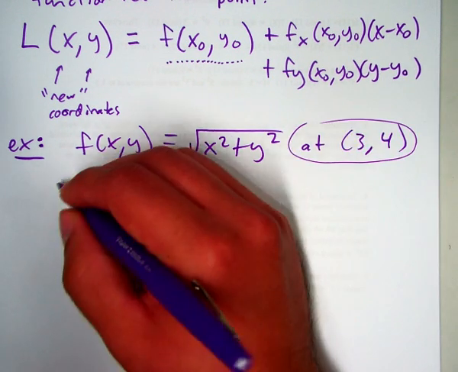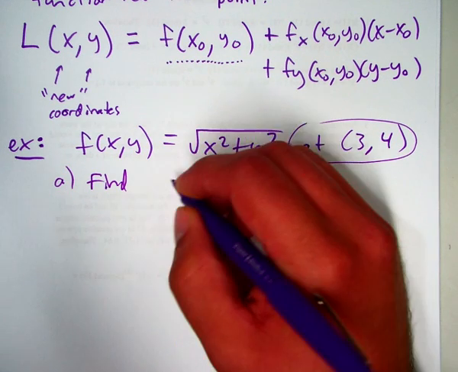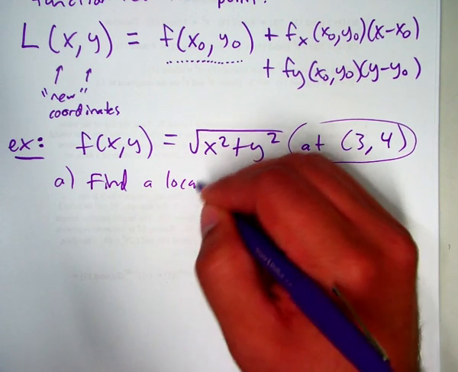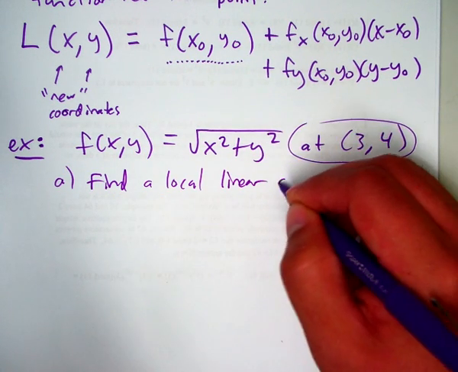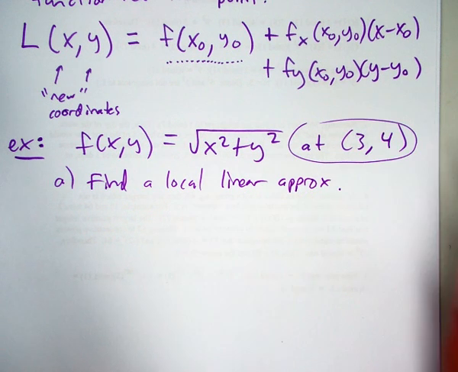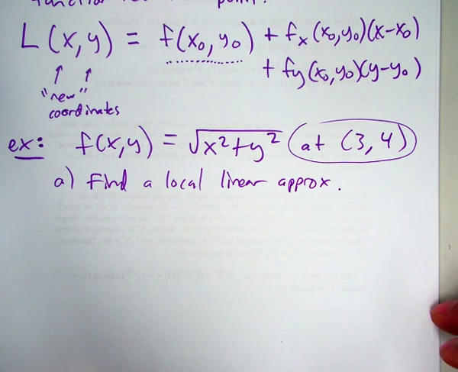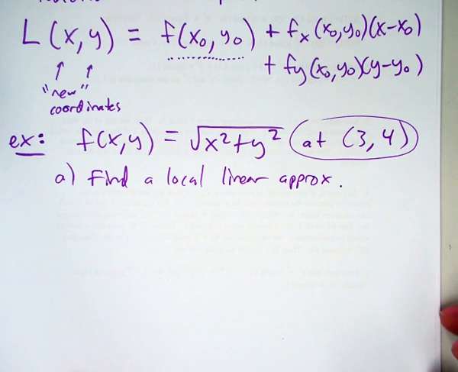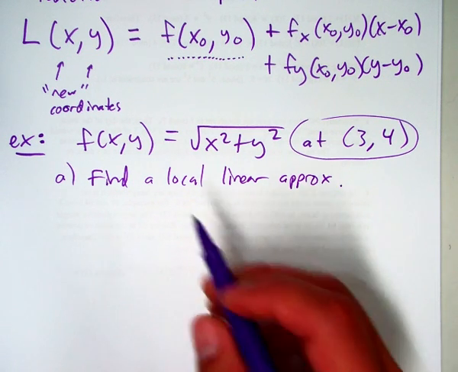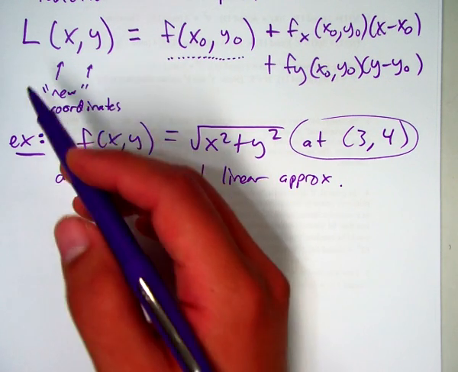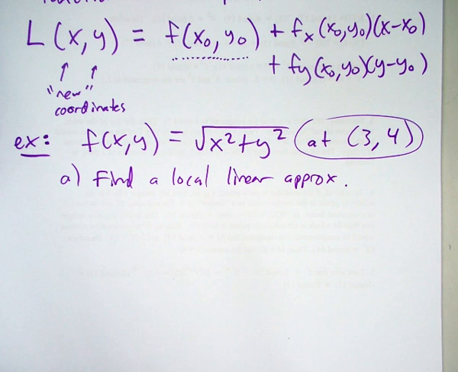Let's find a local linear approximation. So that'll be the first thing. If I were asking this on an exam or in the homework, you should have a function L of x, y equals an actual equation where you just plug everything in, so that you could approximate several different points that are near that value.